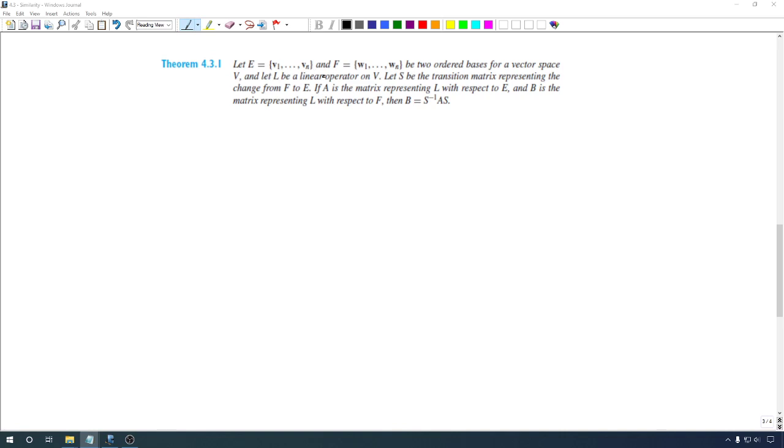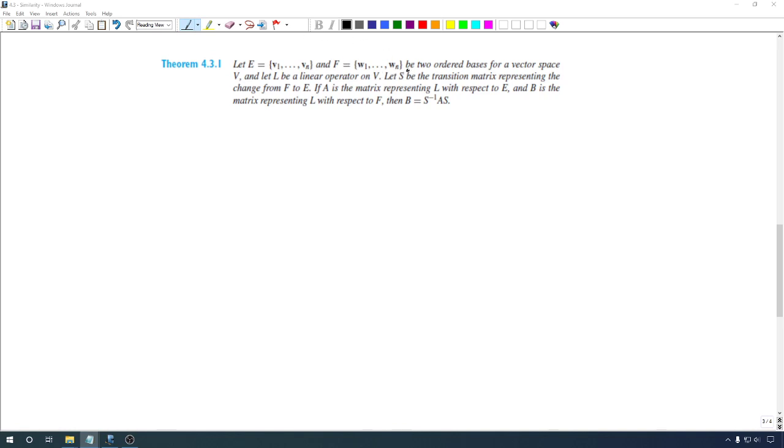Then L is going to be a linear operator on V, and we're going to look at the matrix representation A of L with respect to E, and the matrix representation B of L with respect to F.